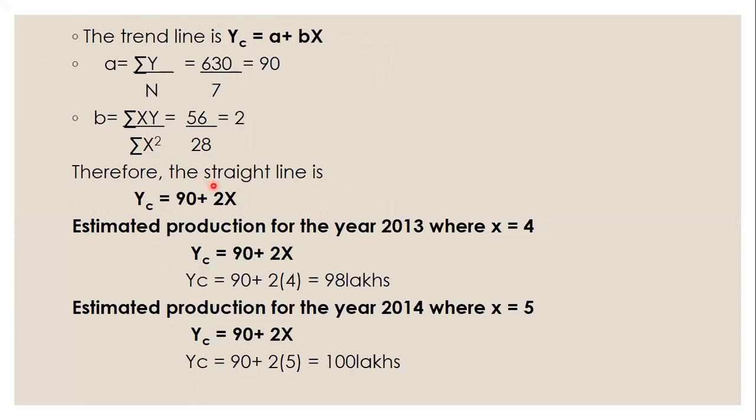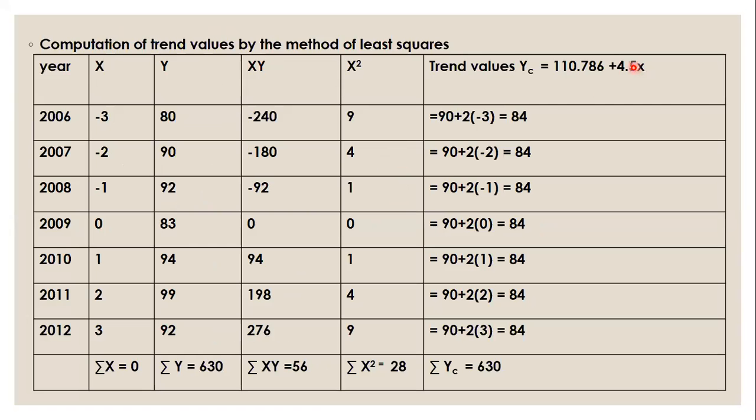Okay, now this straight line, we are going to take it back to the table, and we will calculate the values. Oops, sorry, these values will also change. I think I was in a hurry to calculate the problem. So you'll have 90 plus 2 into minus 3, then minus 2, minus 1, 0, 1, 2, 3. Okay, so these values are supposed to be calculated.